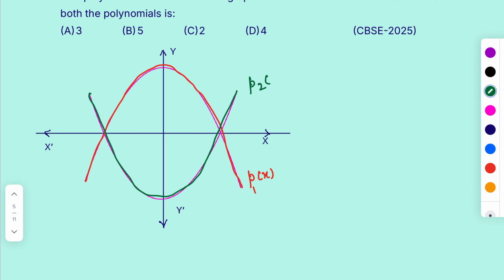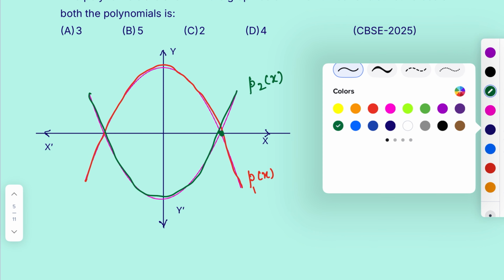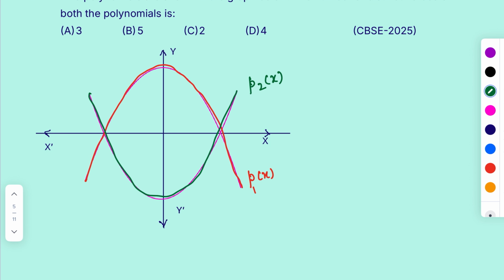Let this be p2(x). p1(x), which we have taken as red color, intersects the x-axis at this point and at this point. So p1(x) has 2 zeros. Similarly p2(x), because it cuts the x-axis at 2 points, has 2 zeros.